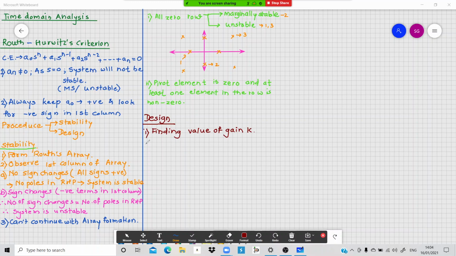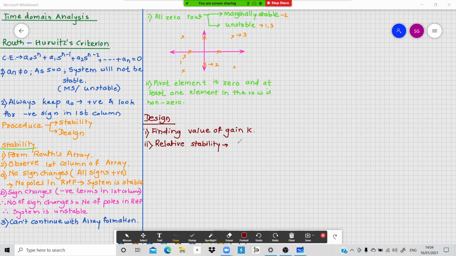Okay. Then the second thing is relative stability. You can find relative stability, meaning at a particular point there is a particular line, and you want to know whether all the poles are lying on this side or not.